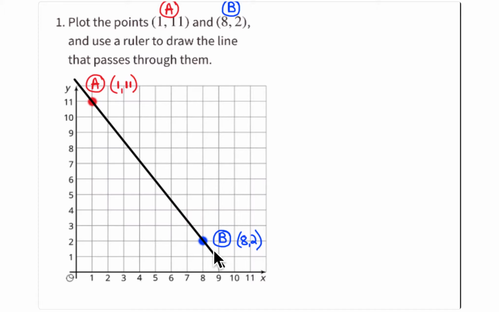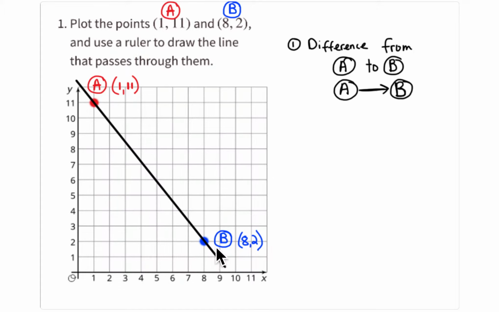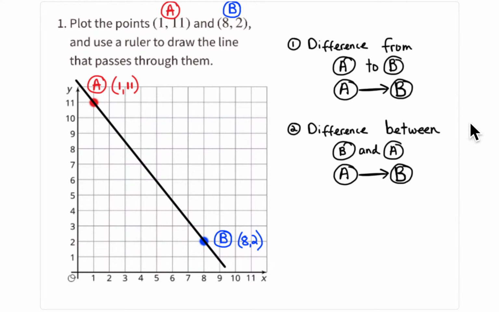So this is the opposite of the 4 problems that we just looked at in the launch. So the difference from A to B, you're moving from A to B. And this language is important.